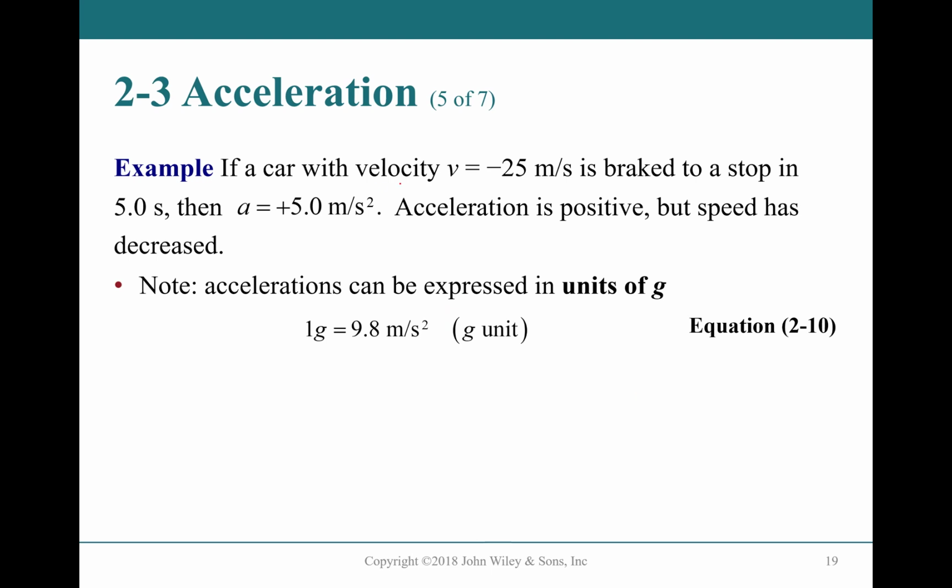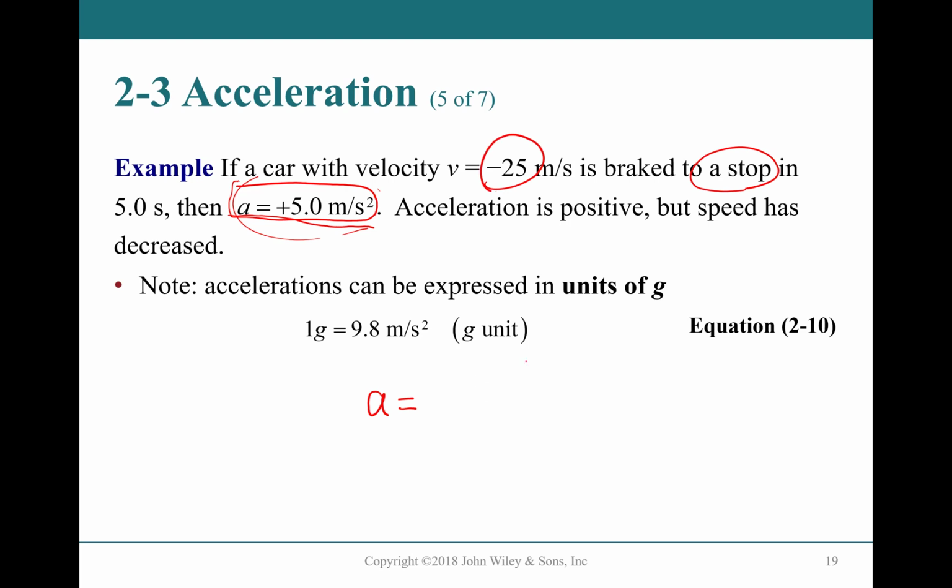If a car with velocity v equal to negative 25 meters per second is braked to a stop in 5 seconds, we want to calculate A. I want you to calculate A. How to do? You need to know how to calculate that. Your acceleration will be equal to your final velocity, brake to a stop, so it's 0, minus initial velocity.